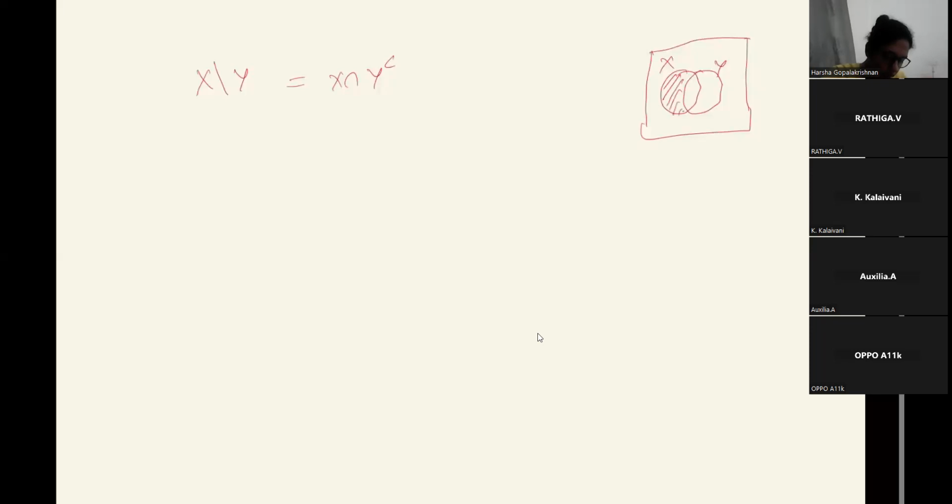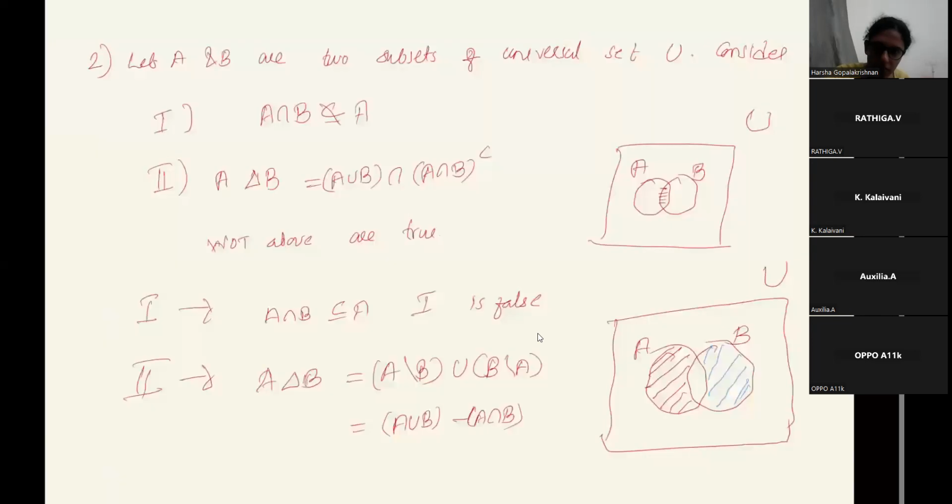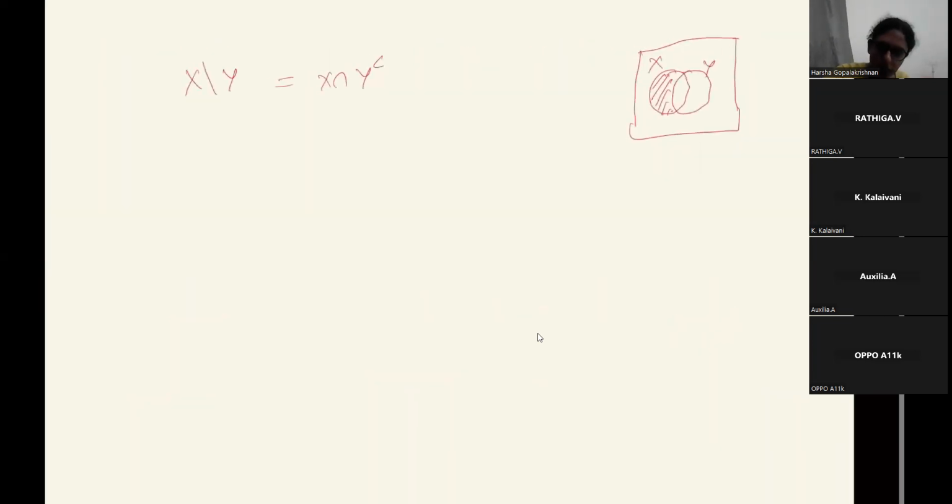This is the same as X intersection Y complement. What is Y complement? The elements outside the set Y. That means all the region here. If I take the intersection, that is X intersection Y complement, I will get this region here. So in general, X minus Y is X intersection Y complement.